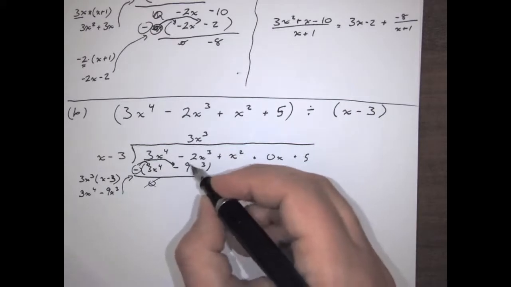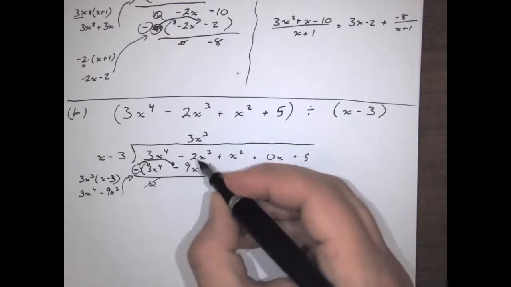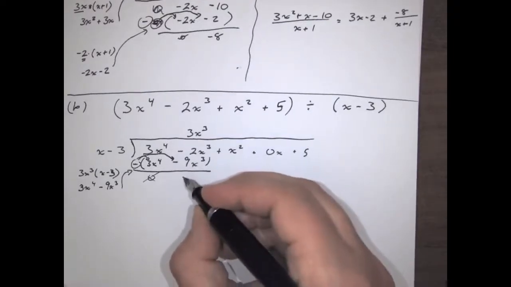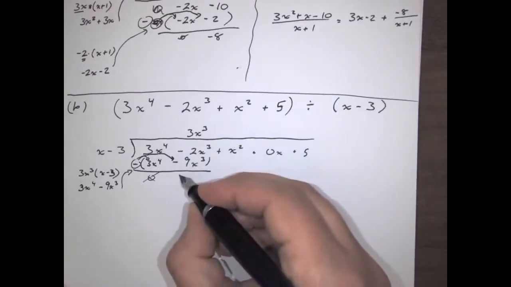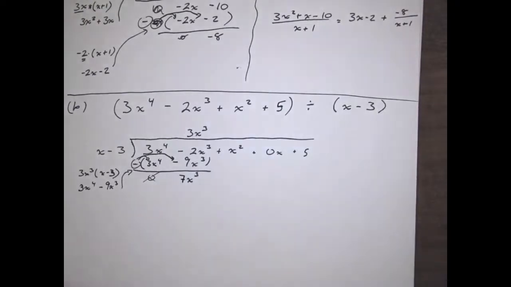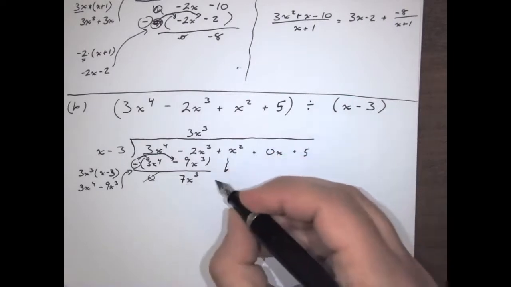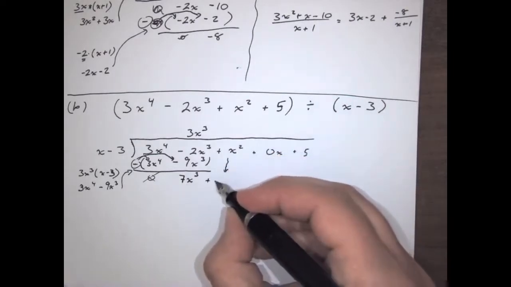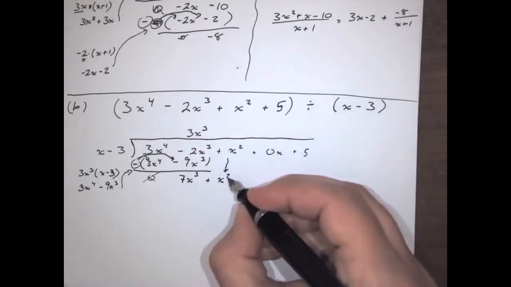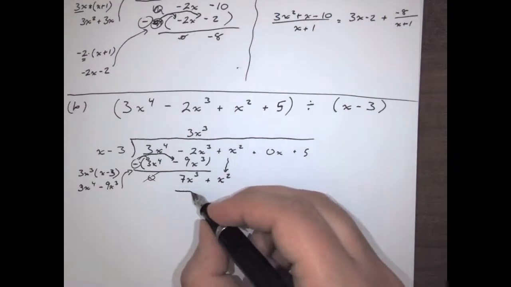Okay, now it all cancels out, and then over here we have plus 9x cubed, so that's going to make a total of 7x cubed. And then what we do is we bring down the next term in classic long division technique. So down comes the x squared, and then we repeat the process.